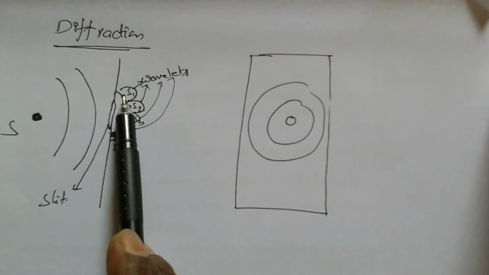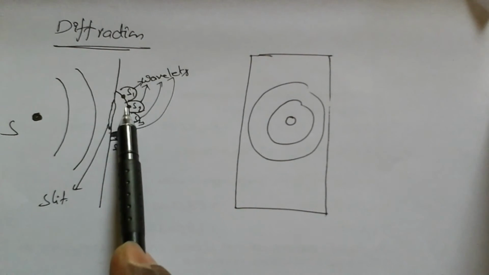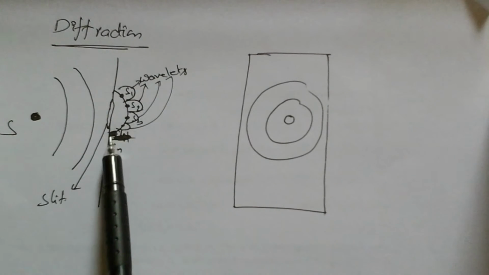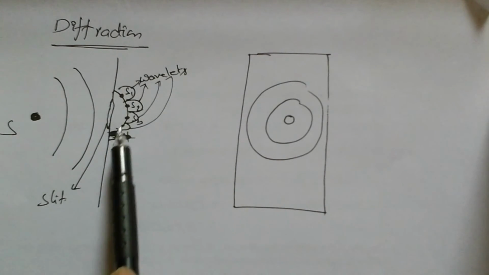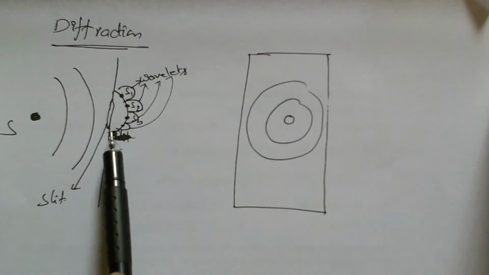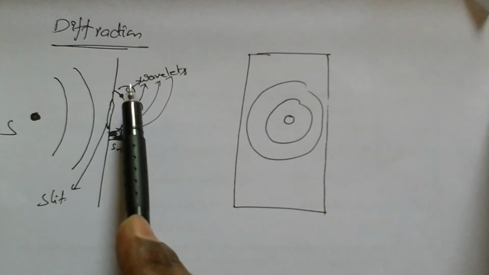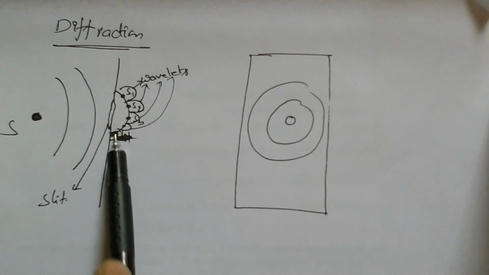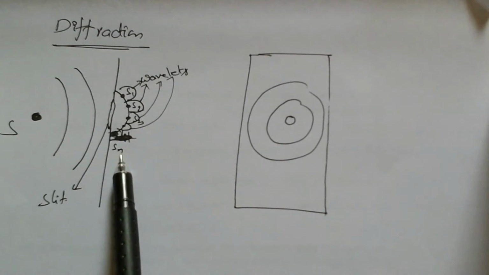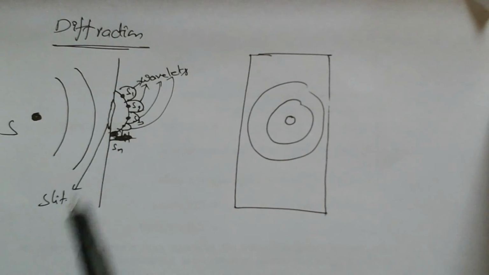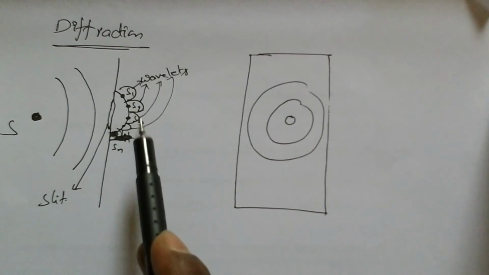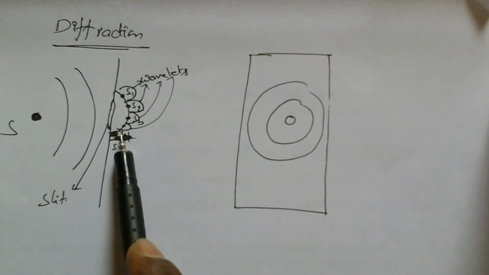The wavefront has some points on it. It may be a spherical or a plane wavefront. It contains some points, S1, S2, S3 and so on up to Sn.